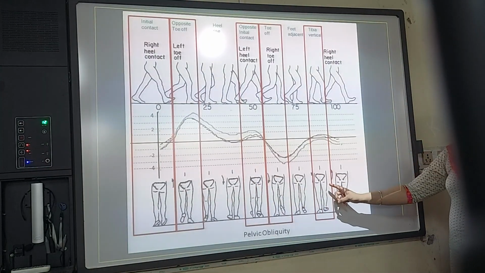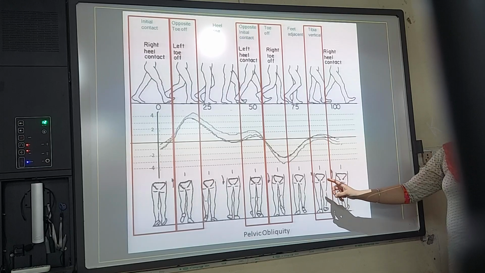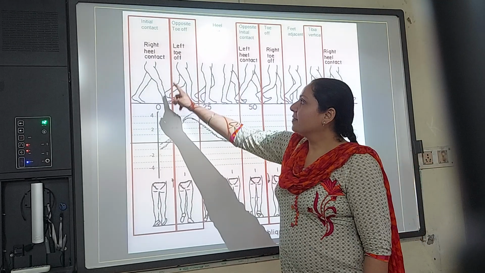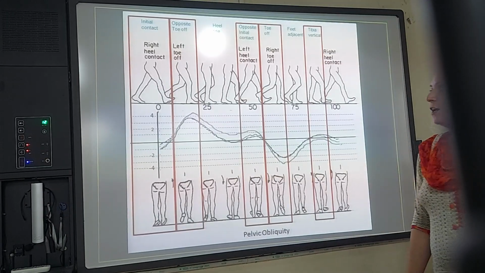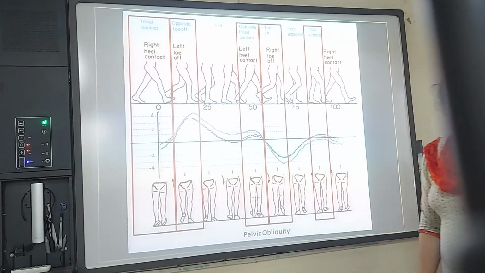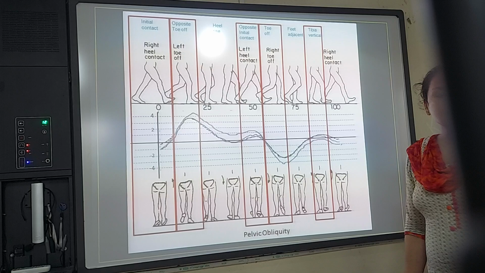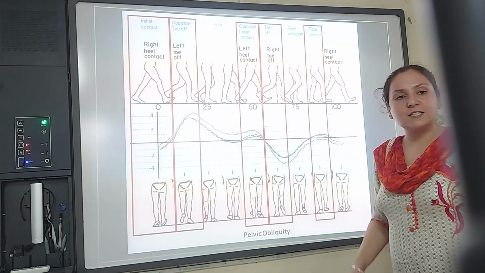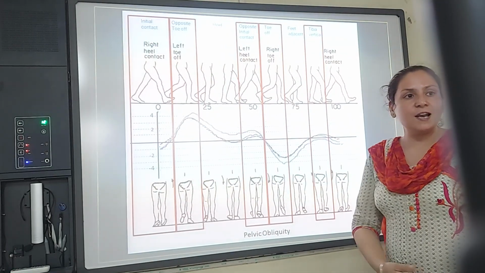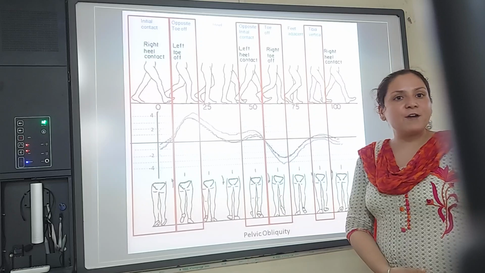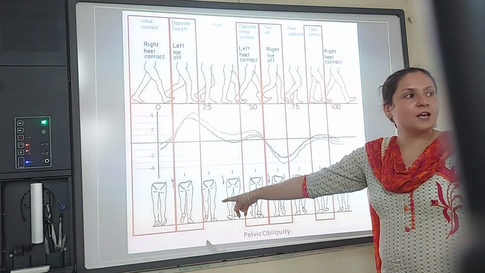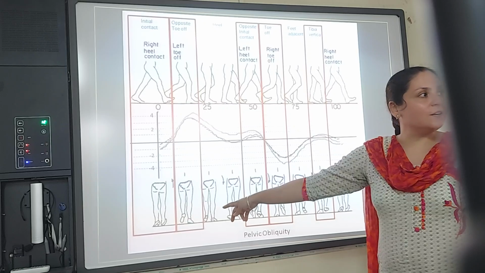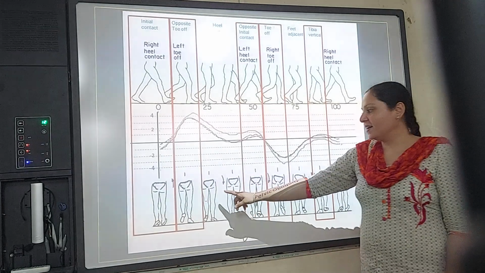This is a drop again on the right. The right heel is in contact and the left foot has gone into toe off. Here the right is the supporting limb. The left has gone into swinging phase, toe off, and it will go into drop. The left drop is there. It has been pictorially depicted.